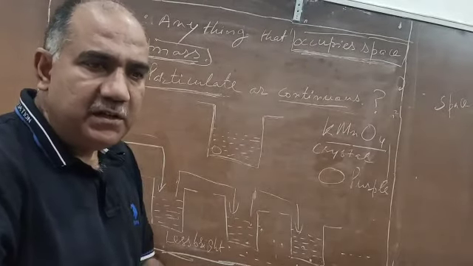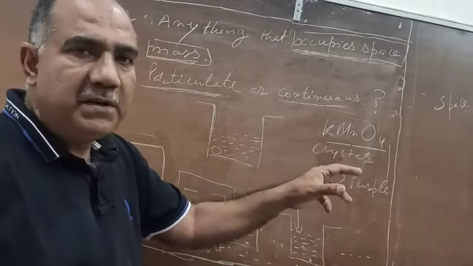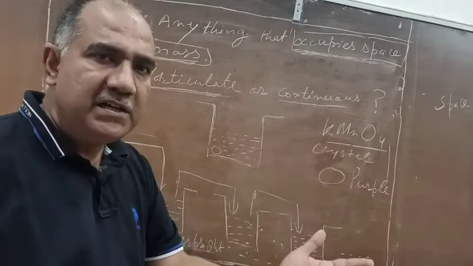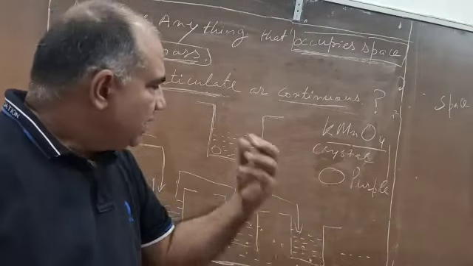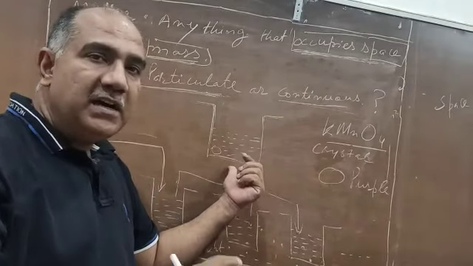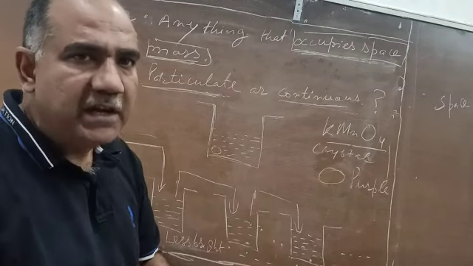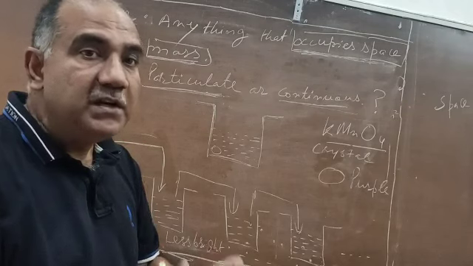This proves two things beyond doubt. One is that the crystal of potassium permanganate was made up of small particles which finally disintegrated, and the second is that these particles are continuously moving. Not only the particles of potassium permanganate are moving, the particles of water are moving too.